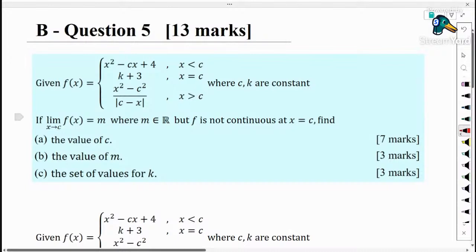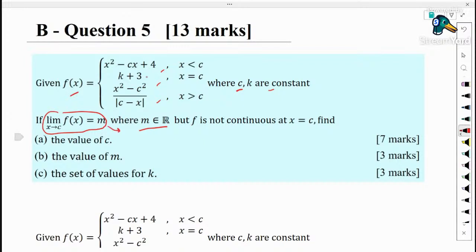In this question, you are given a piecewise function f(x) defined in 3 parts: for x less than c, equal to c, and greater than c, where c is a constant. Then you are given the information that the limit of f(x) as x approaches c equals m, where m is a real number. What does this sentence tell us?